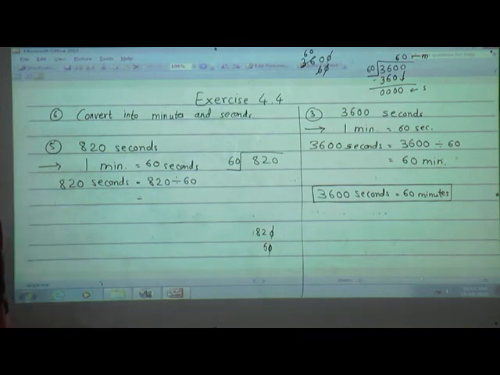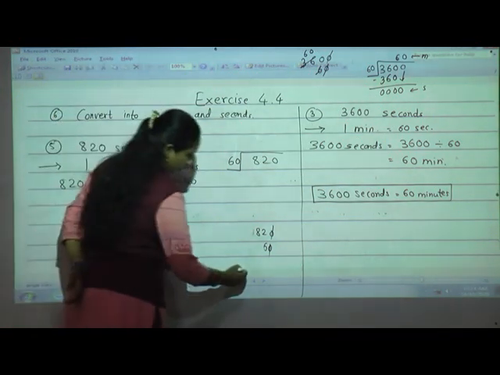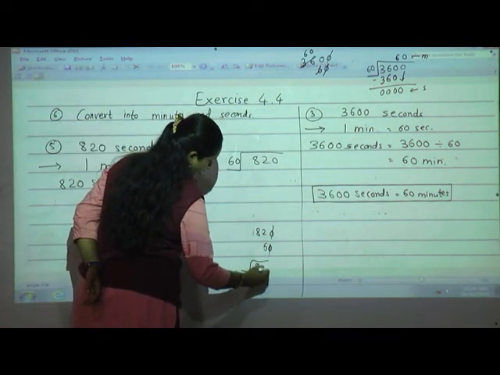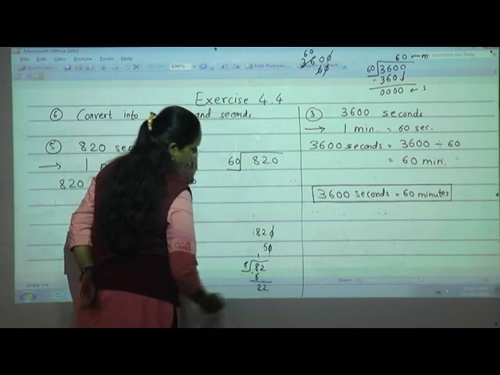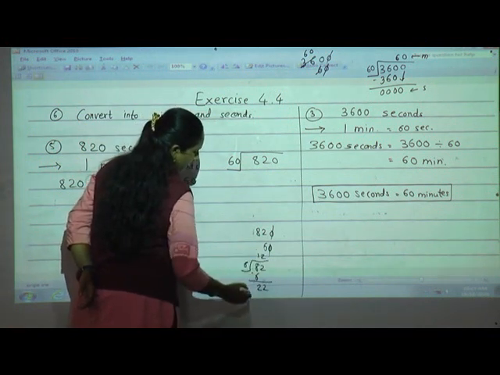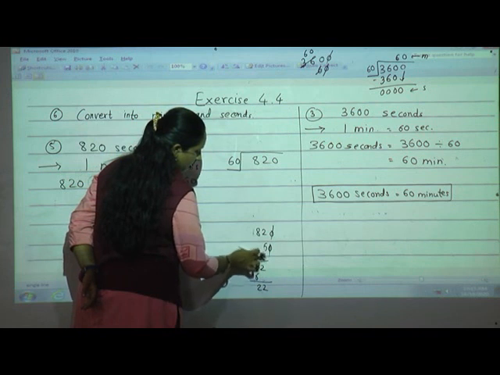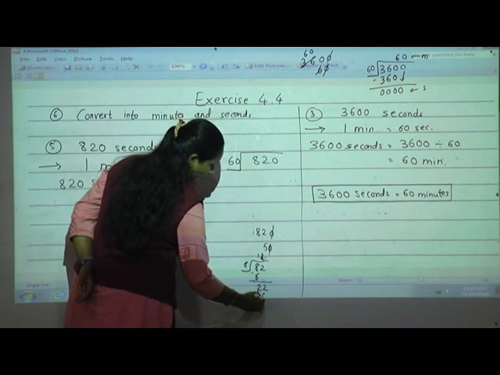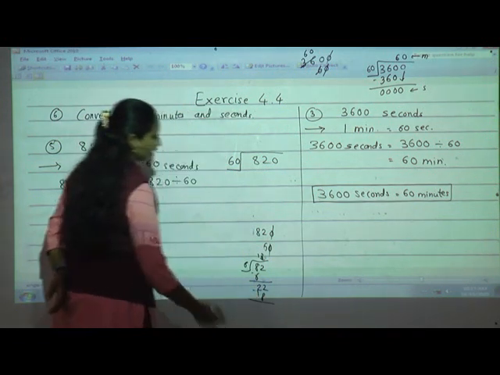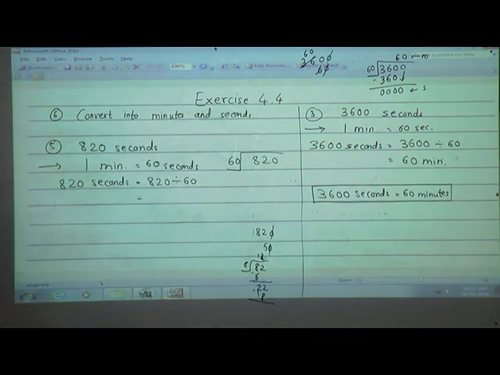No. See, I can go with 6 ones are 6, 2 will remain, bring down 2. 6 threes are 18. So here the estimate quotient is coming near about 13.